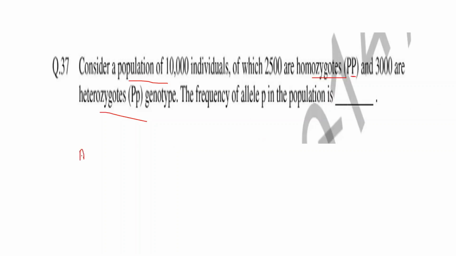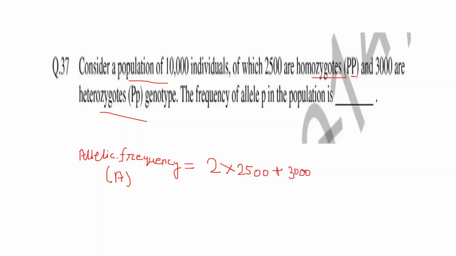So allelic frequency of capital A equals, as per the formula, 2 into the total number of dominant homozygous, that is 2500, plus the number of heterozygous, which here is 3000, then divided by 2 into the total number of population. The total number of population is how much? 10,000.